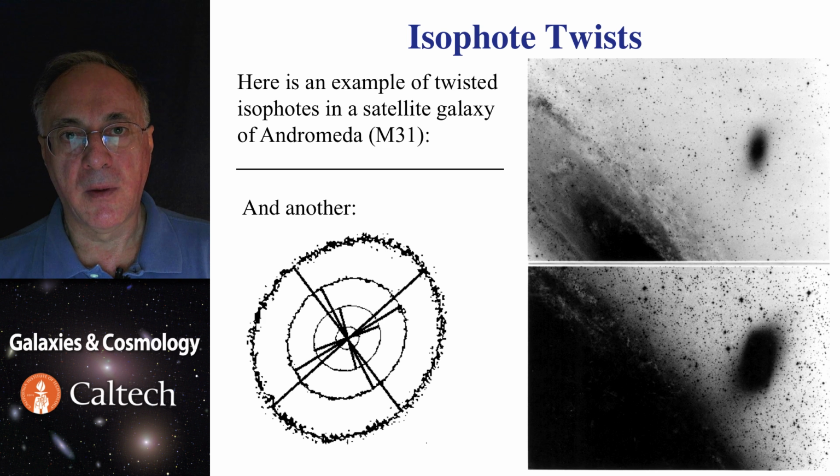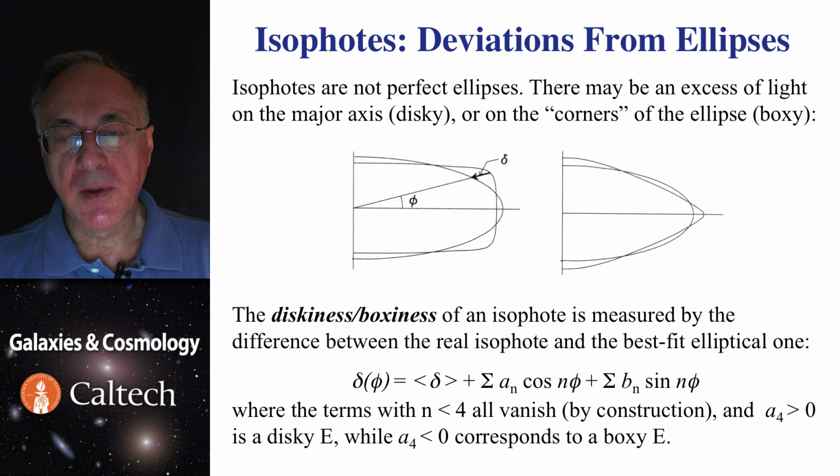What's shown on the lower left is a set of isophotes for some elliptical galaxy, and major and minor axes are drawn. And you can see as you go to ever larger radii, the axes seem to rotate. So these are still elliptical shapes, but actually ellipticals are not purely elliptical in shape. Pretty close, but not always exactly.